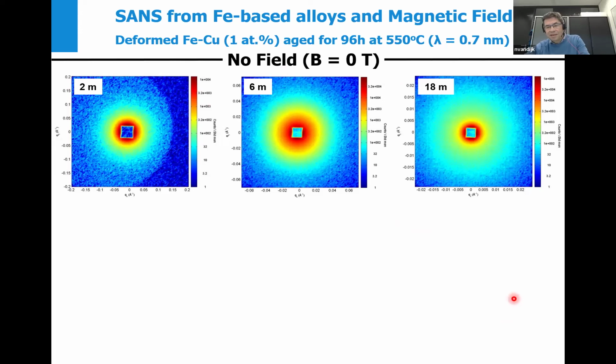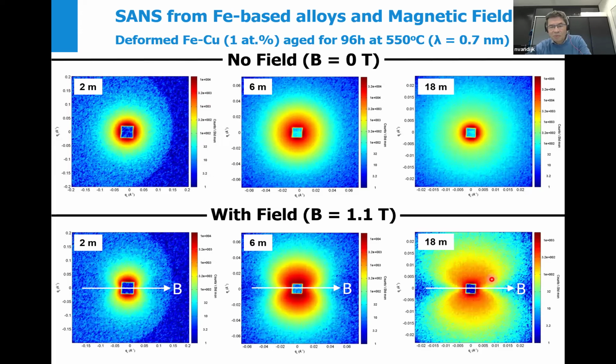scattering. If you do apply a field, which should be at least half a Tesla, but preferentially more than 1 Tesla, then you align the ferromagnetic BCC iron matrix, and you get contrast from the non-magnetic copper particles that are embedded in the matrix.